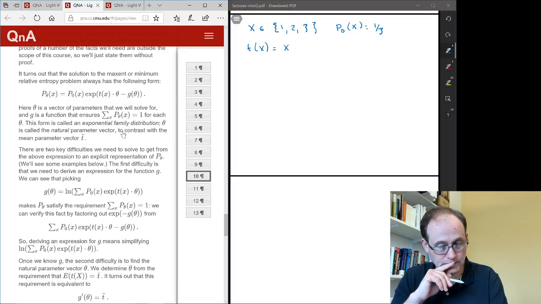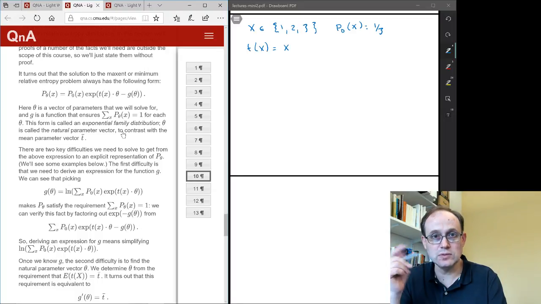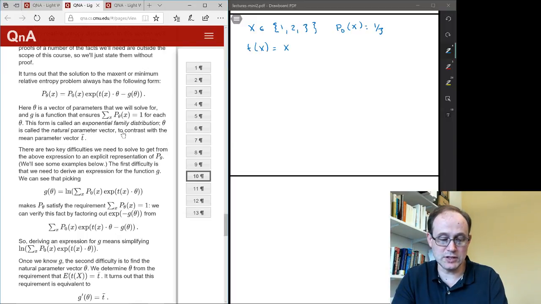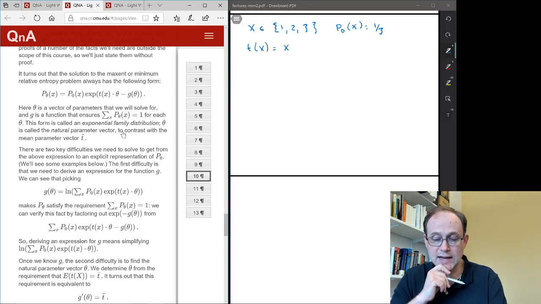What I'd like to do is work out how to set theta, our natural parameter in this expression, so that we achieve a given mean.